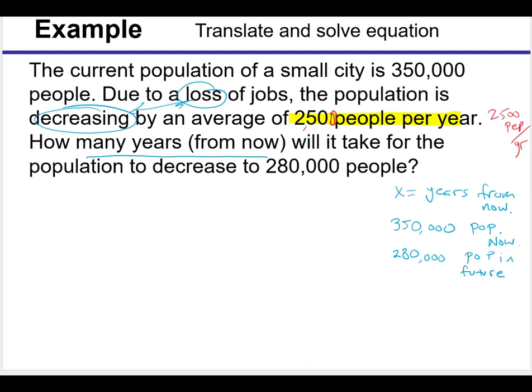Okay, and then we have this one other thing, and it's the thing I changed. It's not 250, it's 2,500 people per year are leaving. Okay. That's it. We've got all the pieces kind of sorted out.